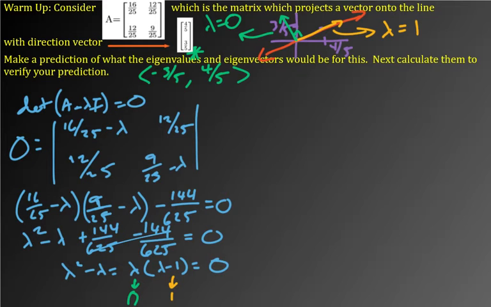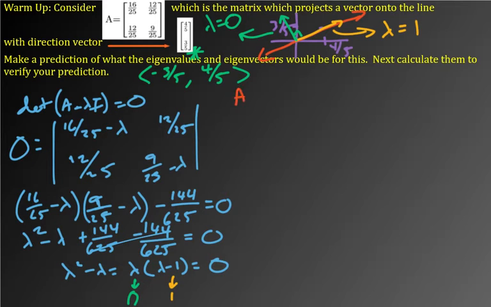The way we get the vectors is we augment the matrix A minus lambda I with 0, plugging in each lambda, and then reduce the matrix and see what we get. So we'll do the 0 first.